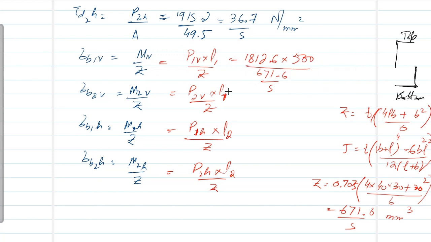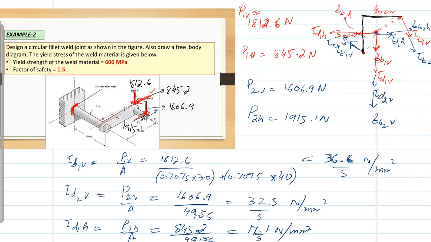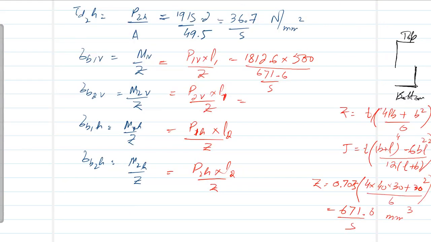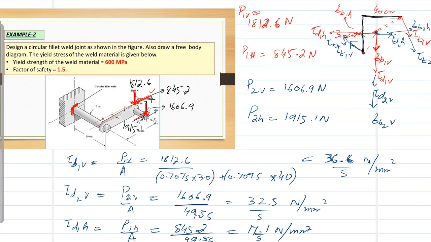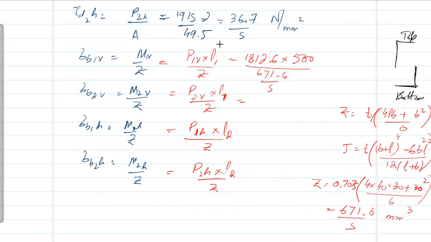Similar is the case. P2V, okay, for the vertical load. Sorry, this is an additional arm which is 50 plus 20. I repeated here. So P2V is 1606.9, and because we extended the arm by 20 mm more, divided by 671.6 divided by S. For P1H, this is P1, so the arm is 50.